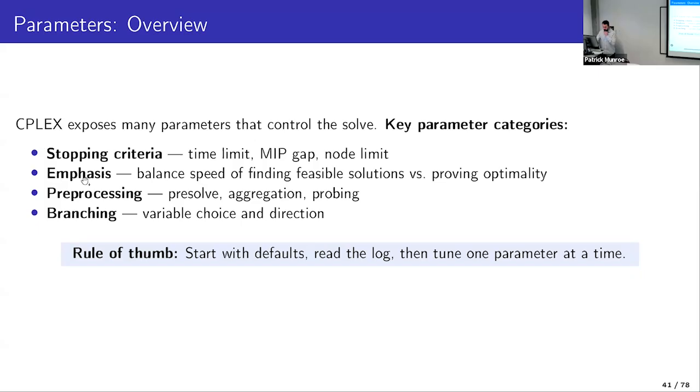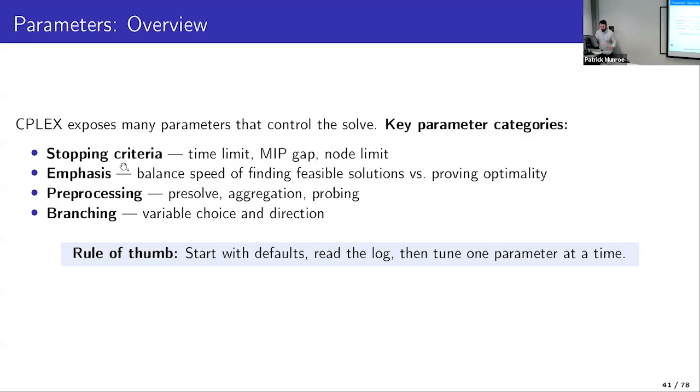You can also change the emphasis between finding a feasible solution, so it might be using heuristics, or the way that you do the branching and the branch and bound, and also proving optimality or finding the best bound possible.